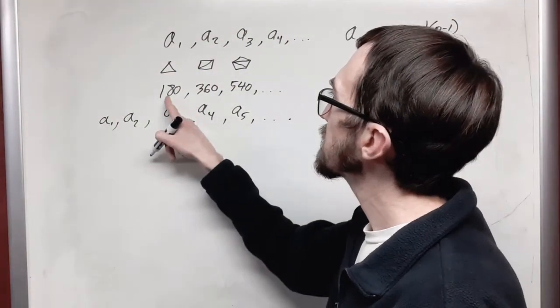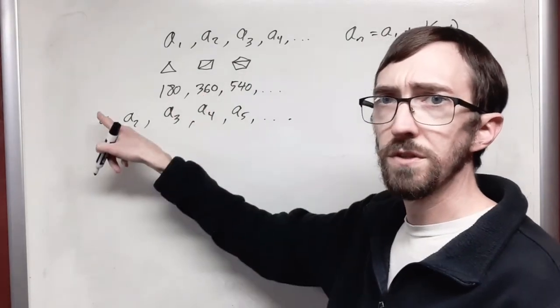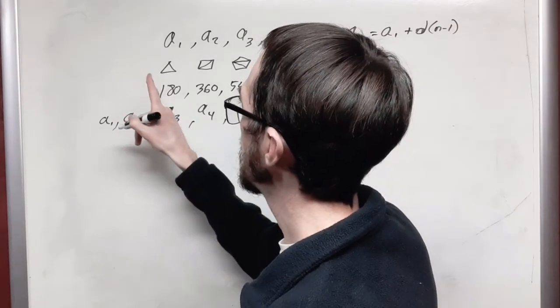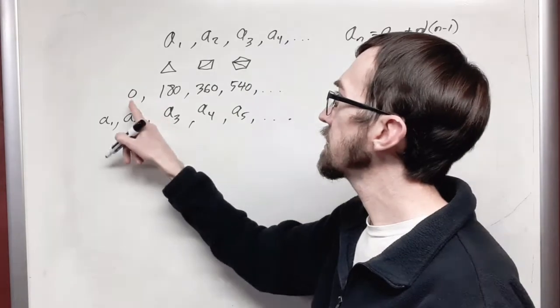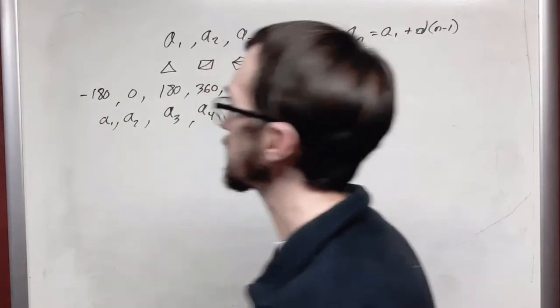So since moving to the right is the addition of 180 degrees, moving to the left will be the subtraction of 180 degrees. So 180 degrees minus 180 degrees will give us 0 for this term, and then 0 minus 180 degrees will give us negative 180 degrees.